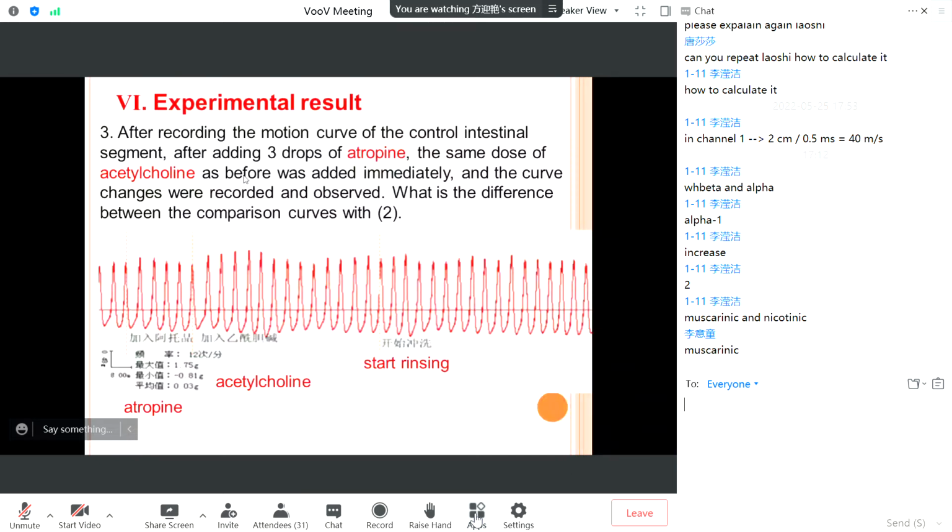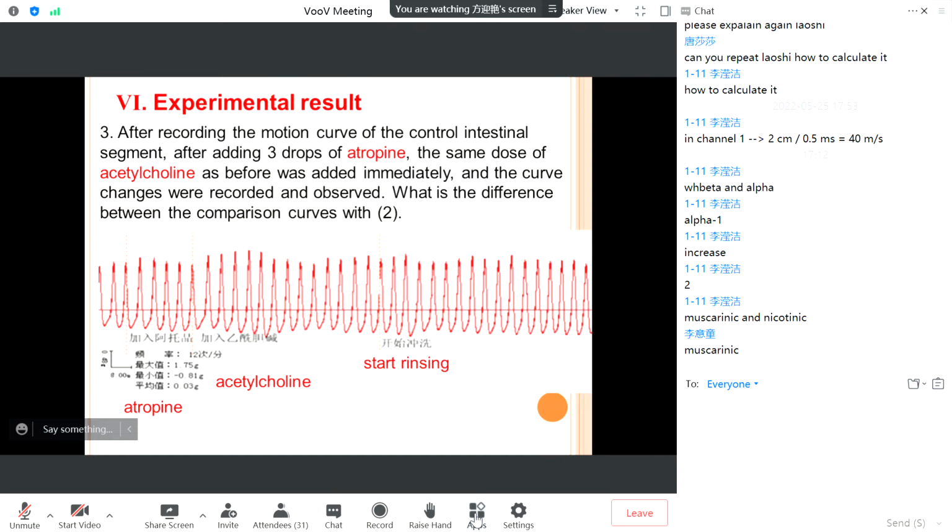First, we need the curve to recover, like the normal contractions, and then we drop the atropine. We know that atropine is a blocker of the M receptor, which means it can bind the M receptor, but it produces no cholinergic reactions.